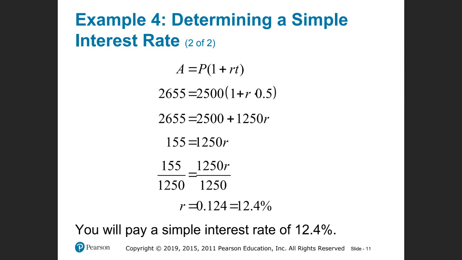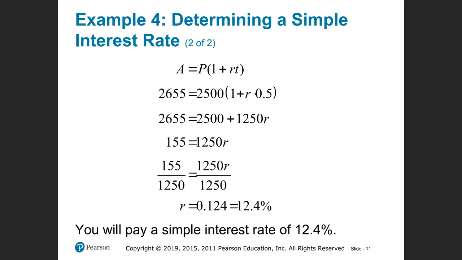Now we want to get 1R. So we're going to divide both sides by the number in front of the R, 1,250. That will give us just R on the right side, and 155 divided by 1,250 on the left side.